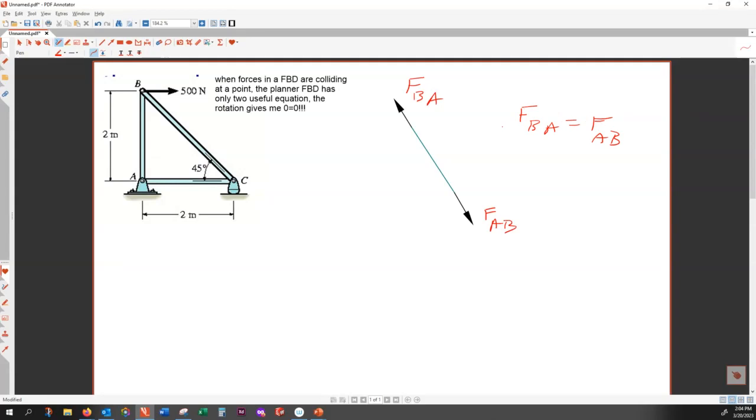Yes or no? Well, that's not difficult, is it? Just take an x-axis parallel to this one, and then if you write net forces along x equal to 0, what you get is the force at one end is equal to the force at the other end. Can you see that?